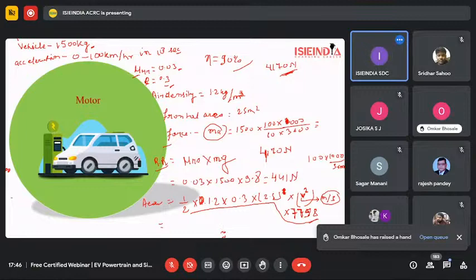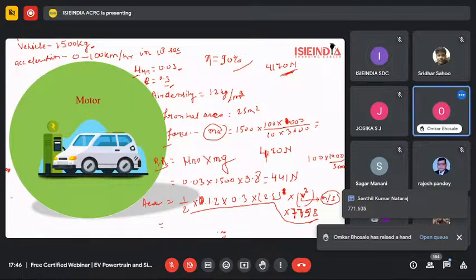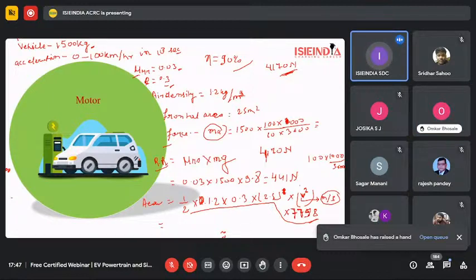Is it right? Yeah, from the audience participants. Can anyone tell me what the final value of this one is?